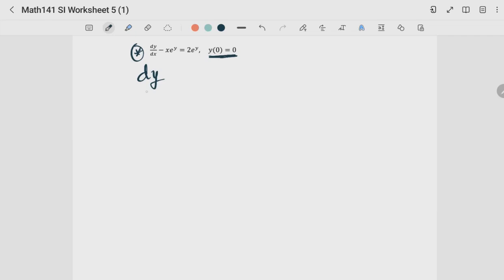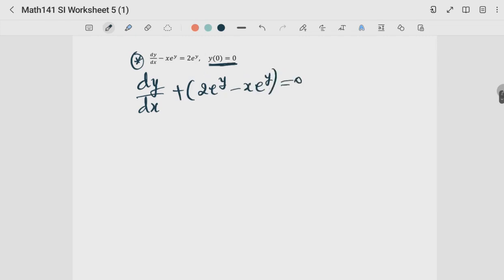So we have dy over dx plus 2e to the y minus x times e to the y being equal to 0, which means we have dy over dx equal to x e to the y minus 2e to the y.